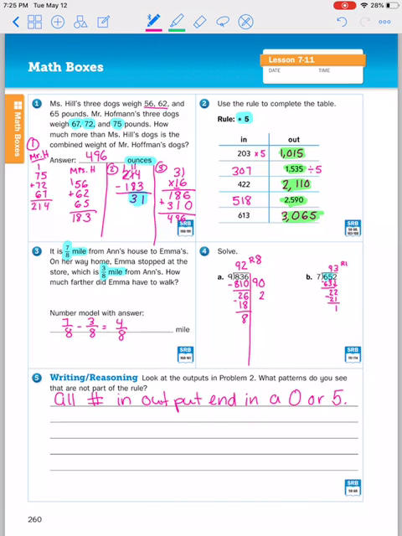And I noticed that when the number in the input box was odd, the product, so that means the answer from what you multiplied, is also odd.